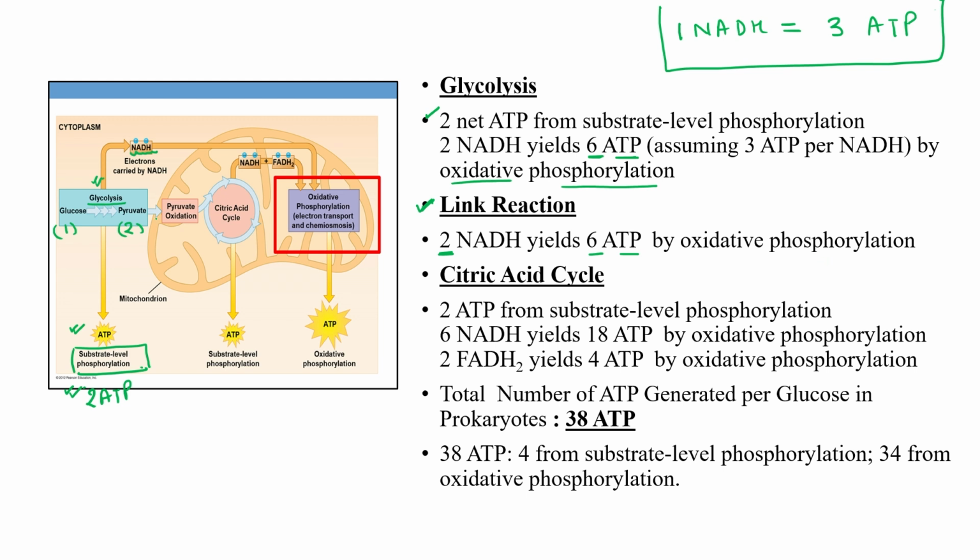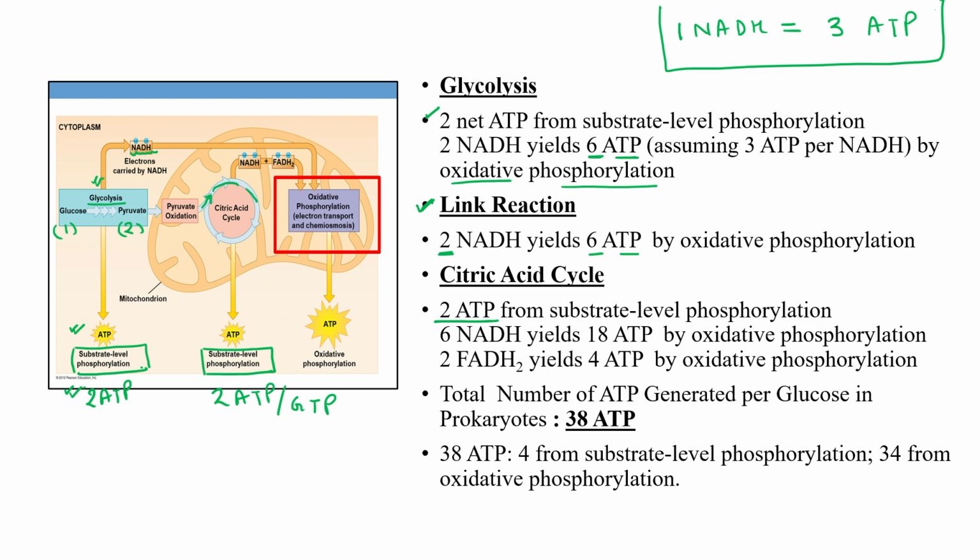So during pyruvate oxidation, in this citric acid cycle, acetyl coenzyme A is the only type of molecule which enters the citric acid cycle, right? And during the citric acid cycle, directly 2 molecules of GTP or ATP are formed. Okay, so those 2 ATP come under substrate level phosphorylation, 2 ATP molecules or 2 GTP molecules.